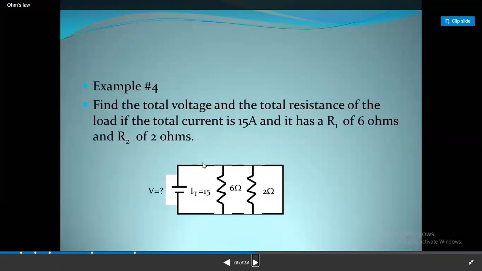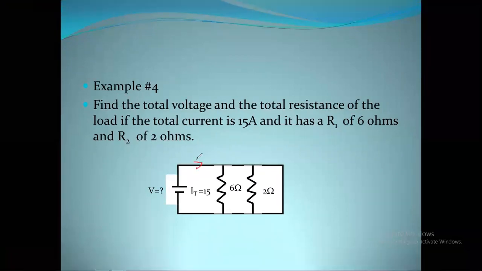Initially, we know the total current over here. The current coming over here is how much? 15. This current is consumed by both of these resistors.